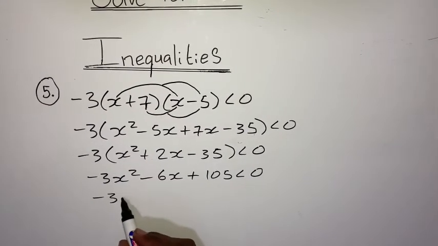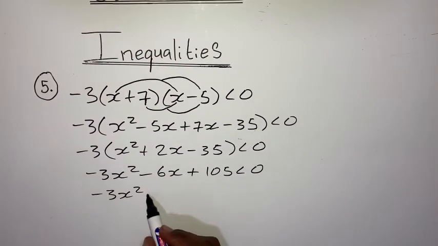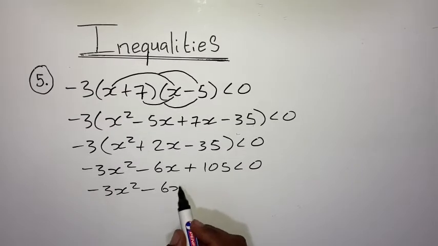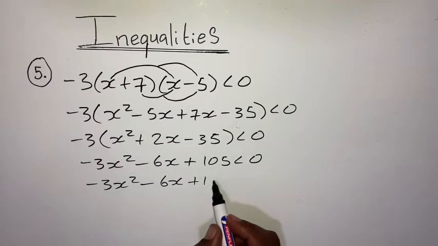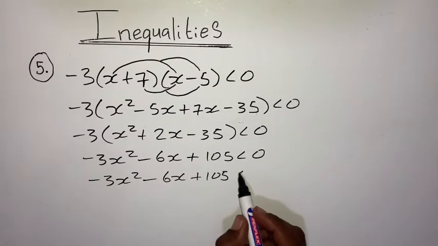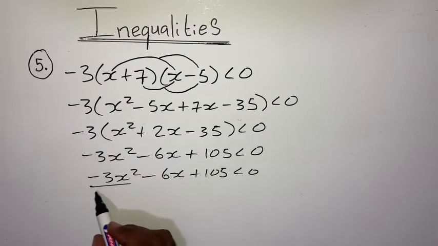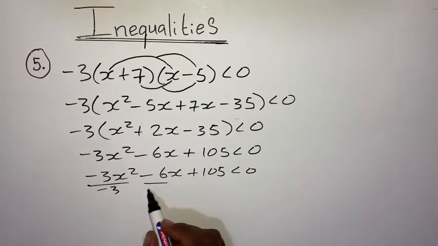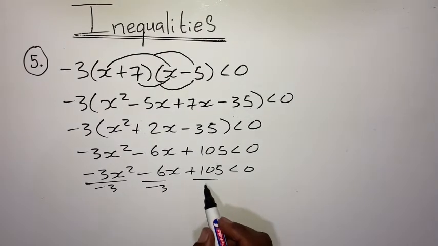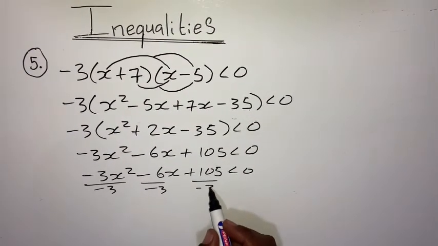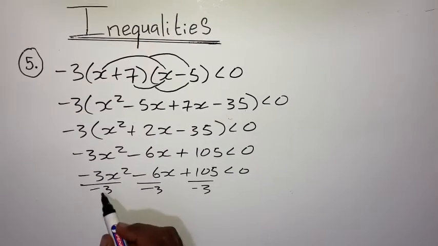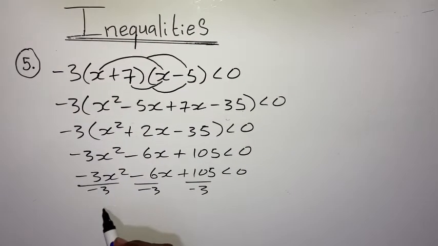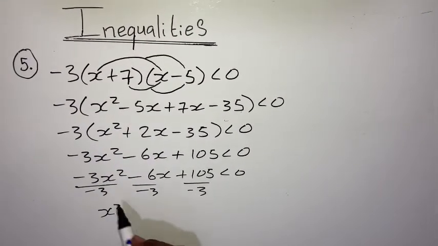Then from here, you'll have to divide with the negative 3 throughout. It's negative 3x squared minus 6x plus 105 being less than 0. You divide throughout with the negative 3. So negative 3, you get an x squared, since they'll cancel out.